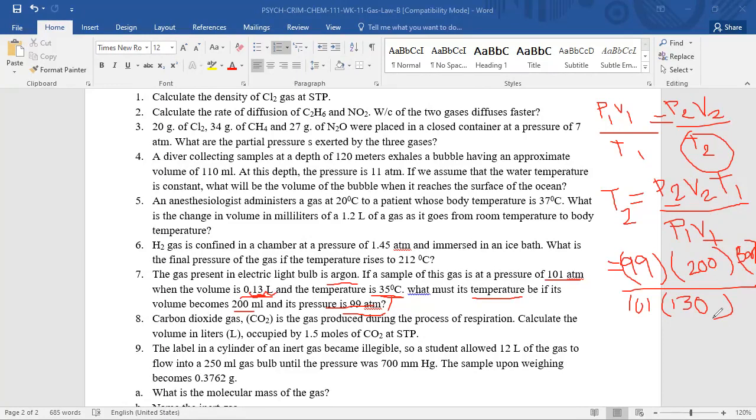Okay, compute natin. 99 times 200 times 308. Ano yung temperature 1 natin? 35. 308. Divided by 101 times 130.